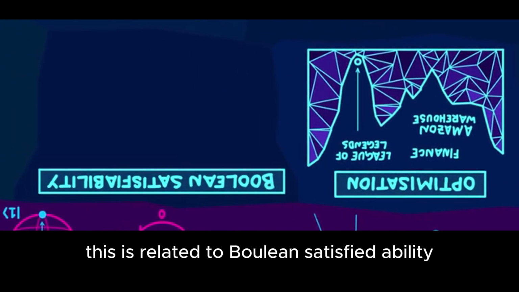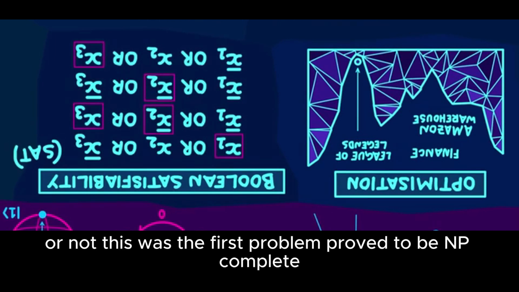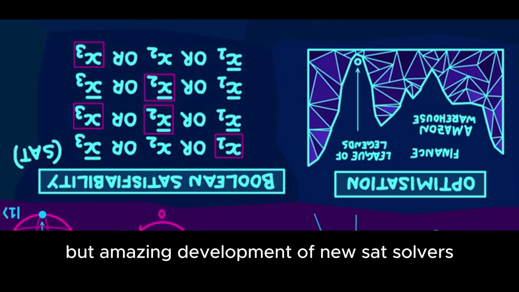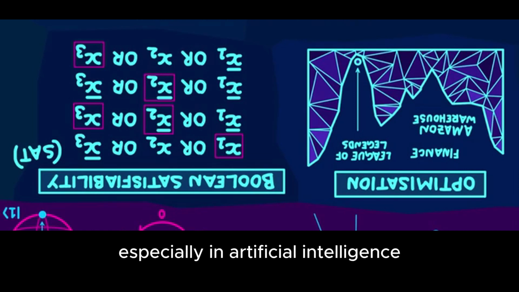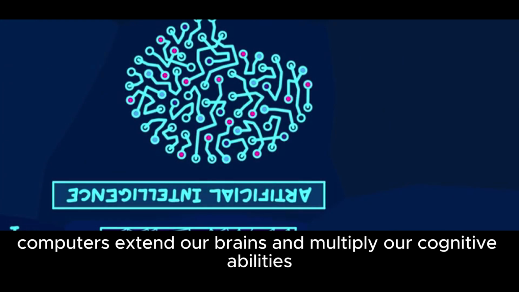This is related to Boolean satisfiability, where you attempt to work out if a logic formula can be satisfied or not. This was the first problem proved to be NP-complete and so widely considered to be impossible to solve. But amazing development of new SAT solvers means that huge SAT problems are solved routinely today, especially in artificial intelligence. Computers extend our brains and multiply our cognitive abilities.